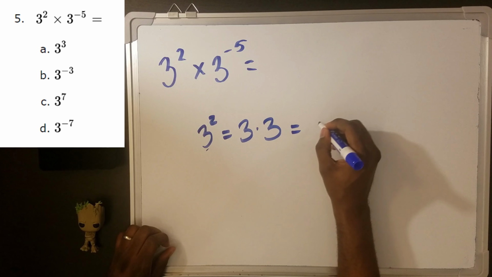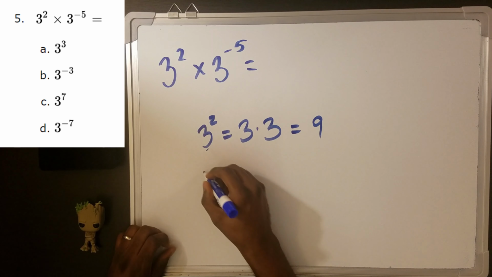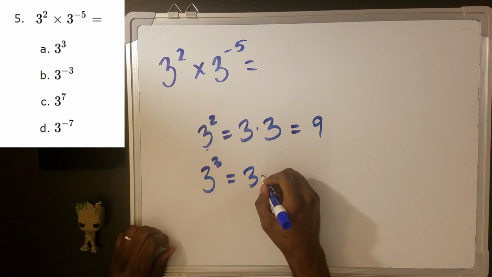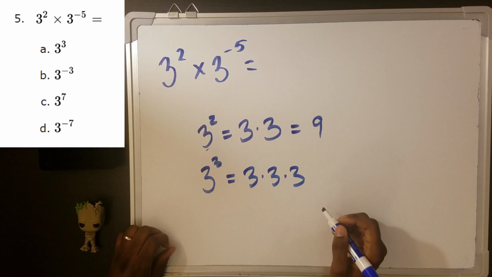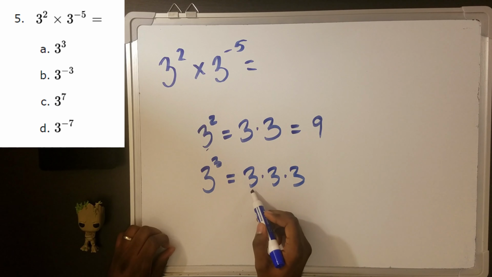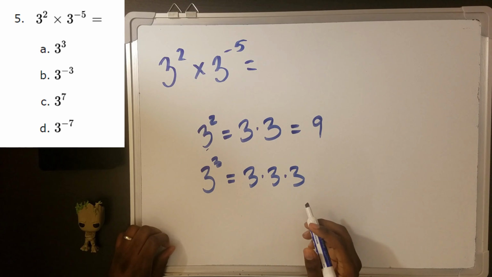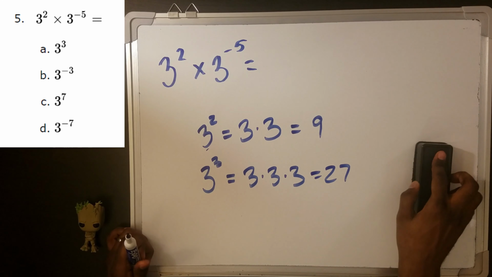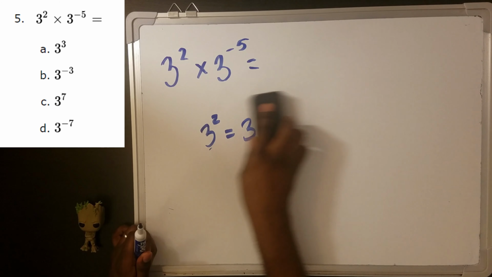So this is going to be 9. 3 cubed will be 3 times 3 times 3, right? Because our exponent is 3 and our base is 3, we're multiplying the base 3 times itself 3 times. And this is 27. So that's how we tackle regular exponents.